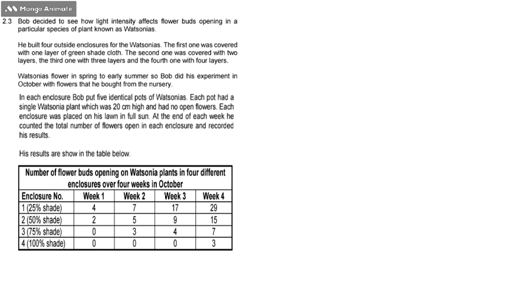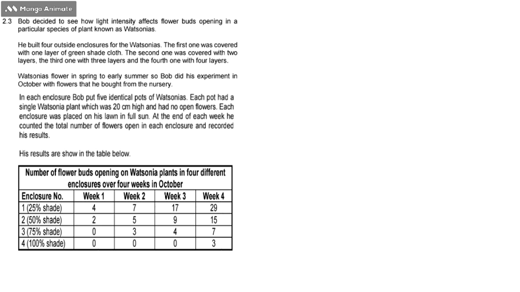Now when you come to week 2, the one with 25% had 7 flowers, or 7 openings of the buds, the one which had 50% had 5, the one which had 75% had 3, and the one which had 100%, which is number 4, had 0.